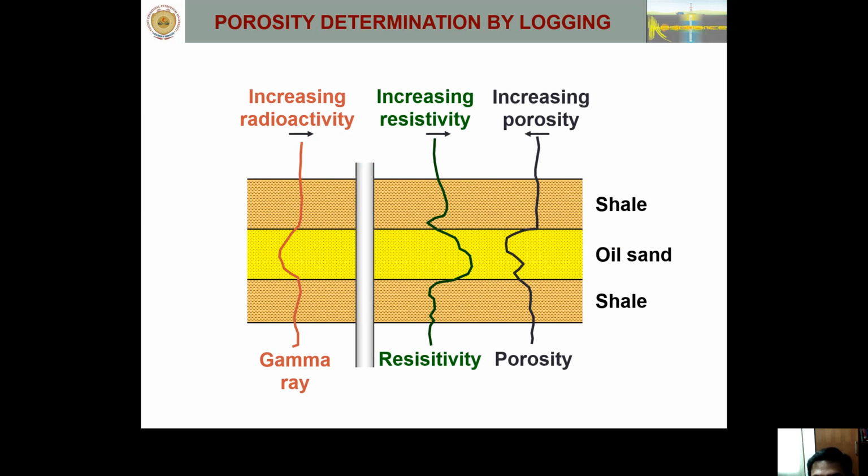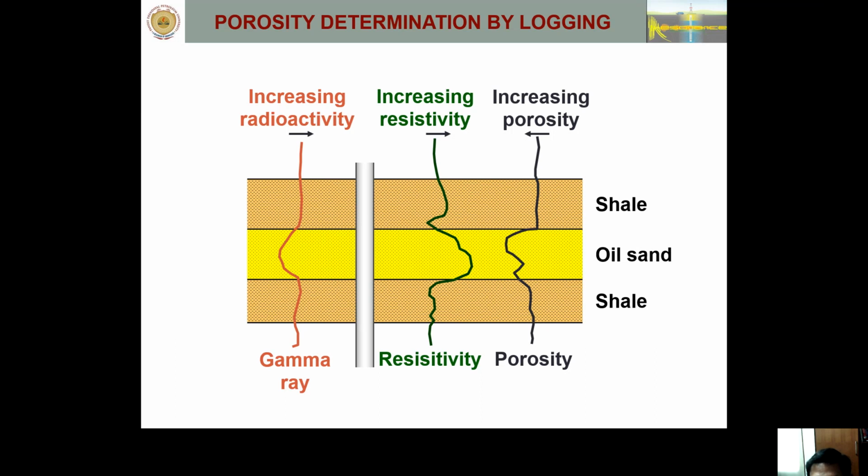And we know that these are used to understand the increase in radioactivity for the gamma ray log, which is taken once again on the first track. And you can see that where there is an increase in gamma ray, that is actually a shale, and a decrease in gamma ray is an oil sand or a sand which may be water bearing.